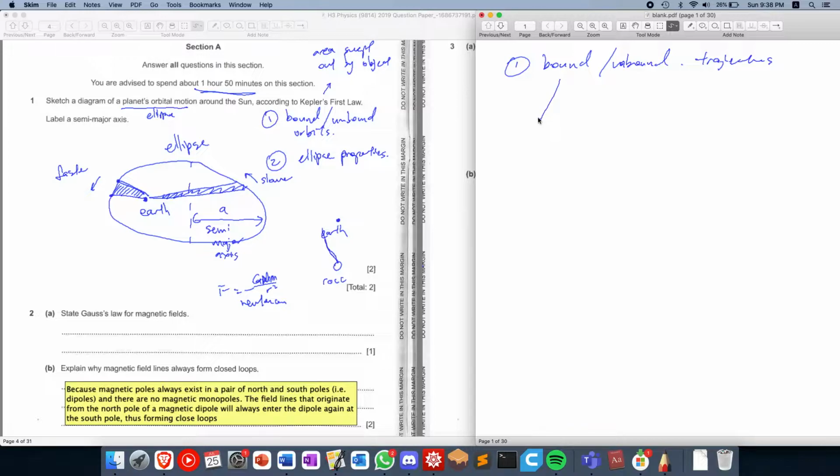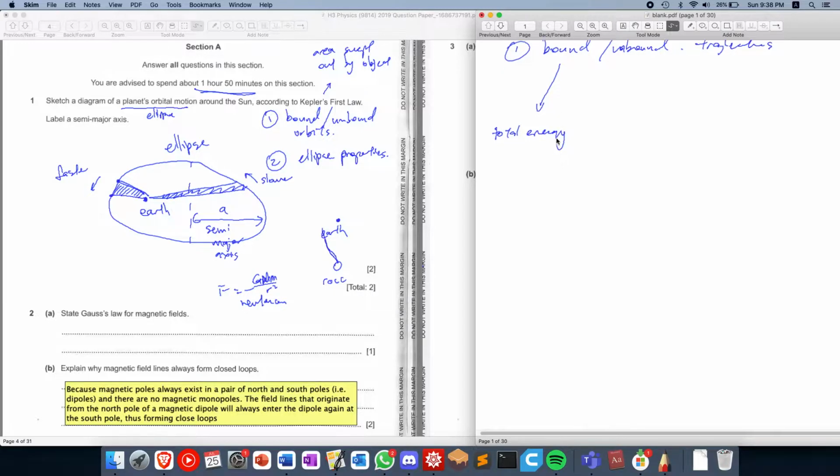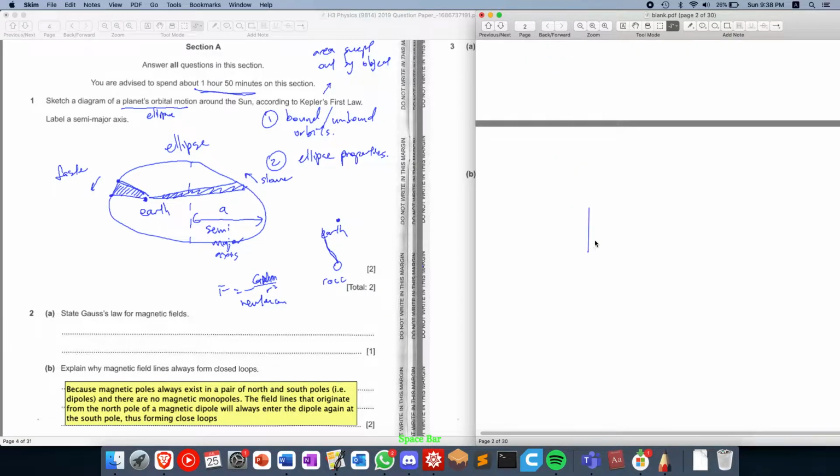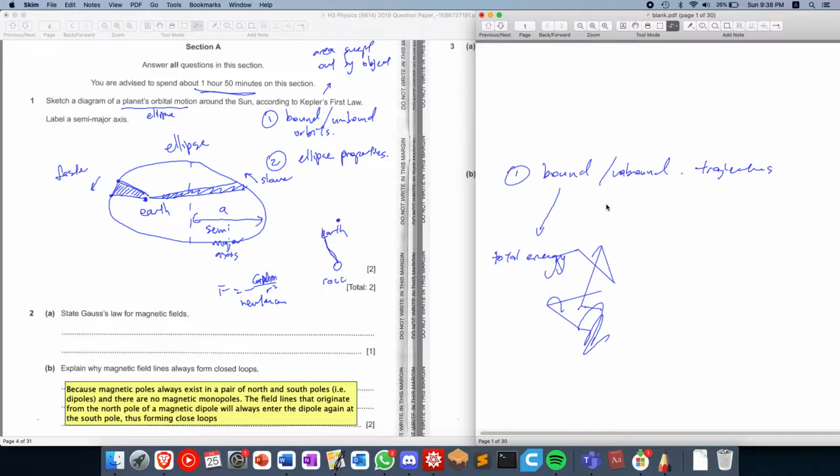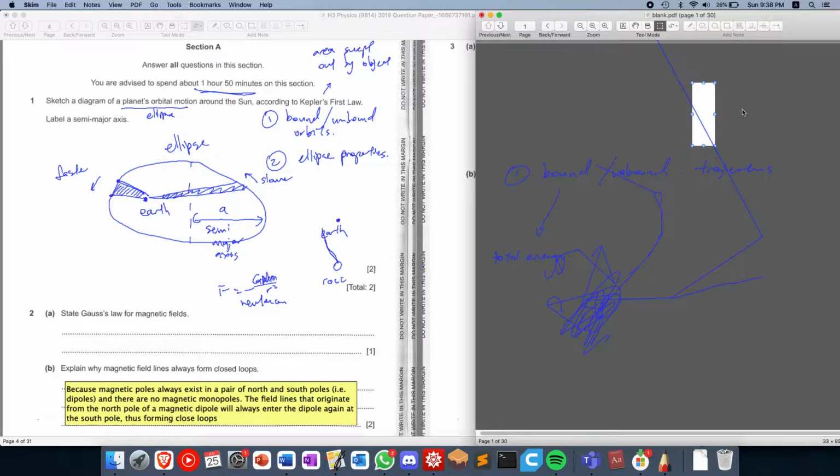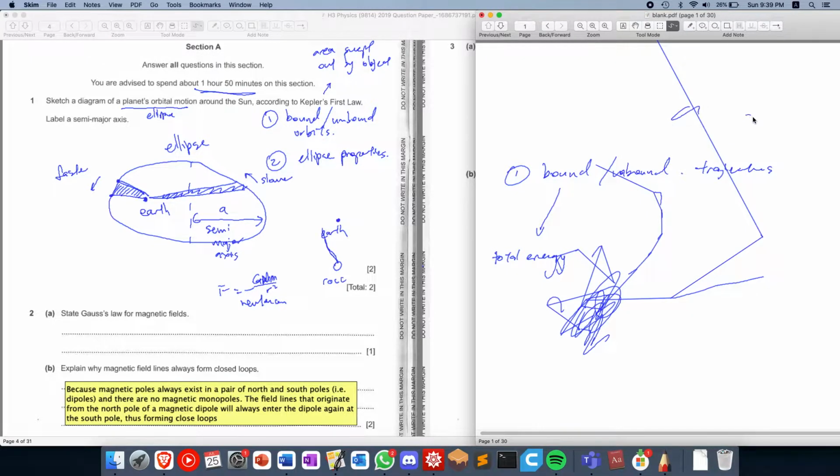So if the total energy is less than 0, okay, sorry, I gotta fix this thing.